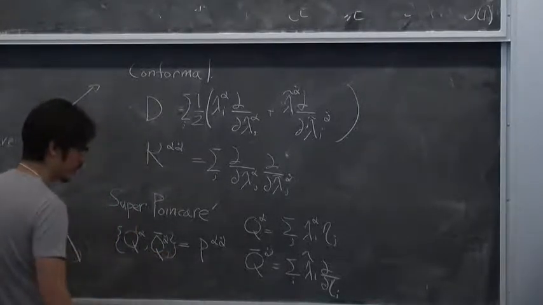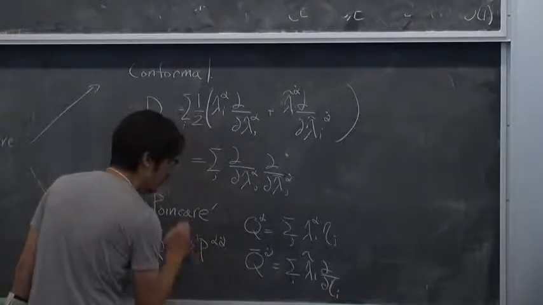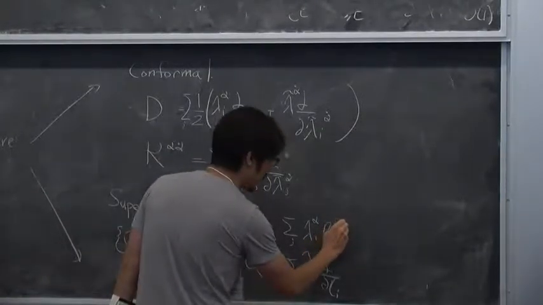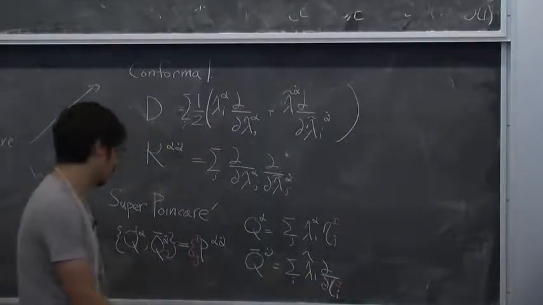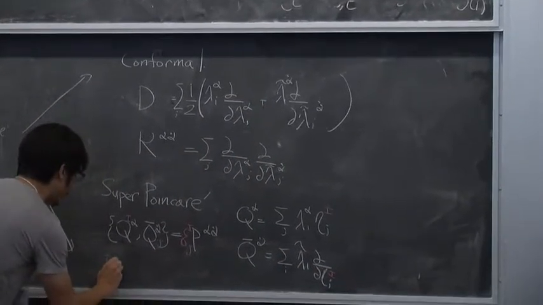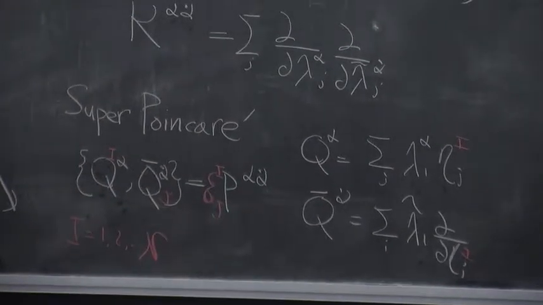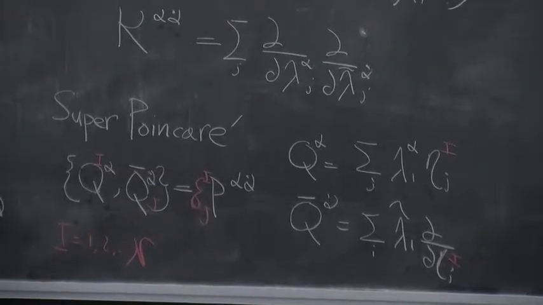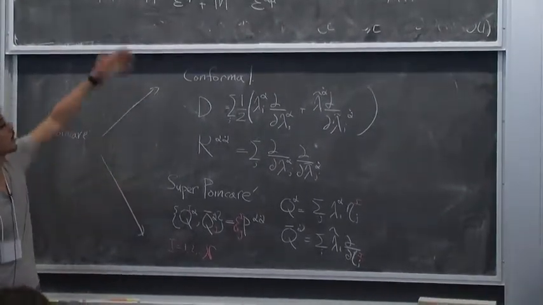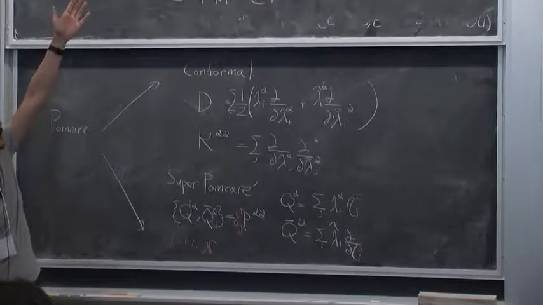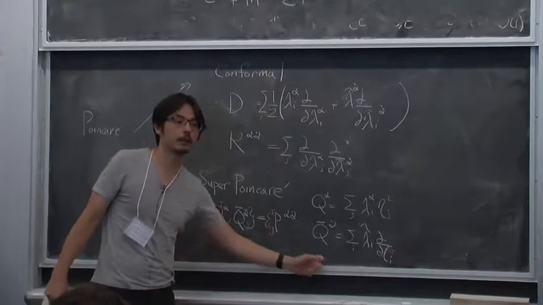So you can put an extra label in here, and then the algebra becomes delta I J. And again, all that's happening is that this eta has an index I, and basically I runs from 1 all the way to n, the number of supersymmetries that you can have. Okay, so if you enlarge your group to super Poincare, your scattering amplitude now also has to depend on this extra eta variable.